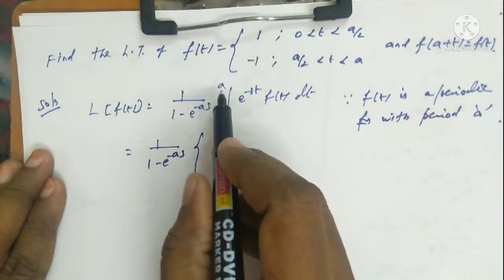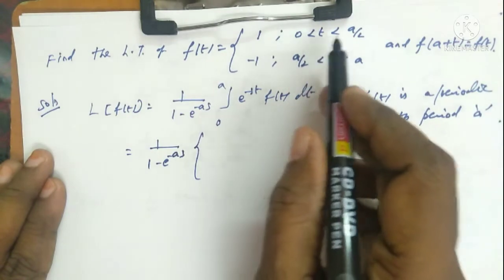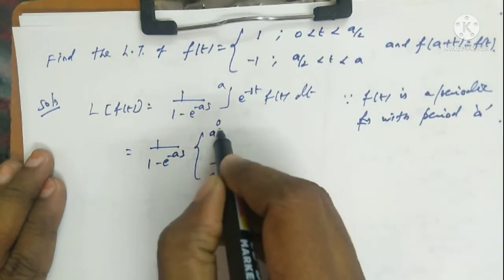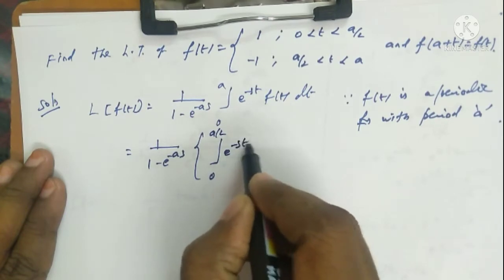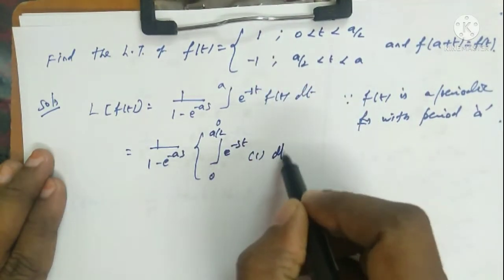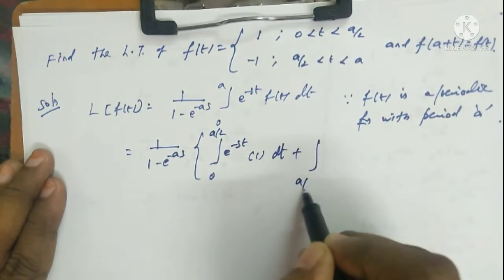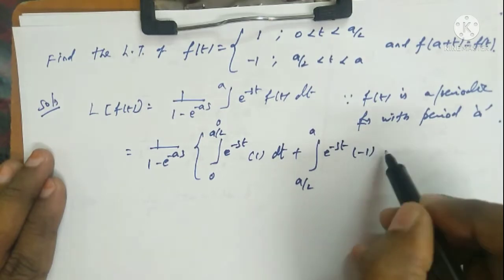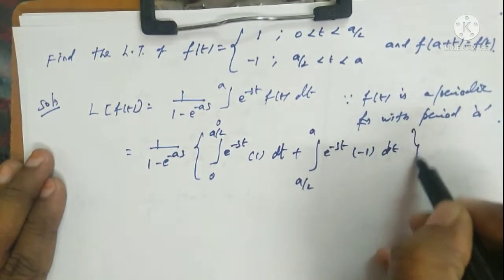Okay. So 1 by 1 minus e power minus as. The limit 0 to a can be split as 0 to a by 2 and a by 2 to a. So 0 to a by 2 e power minus st, f of t is 1, into dt, plus integral a by 2 to a e power minus st, f of t is minus 1, into dt.